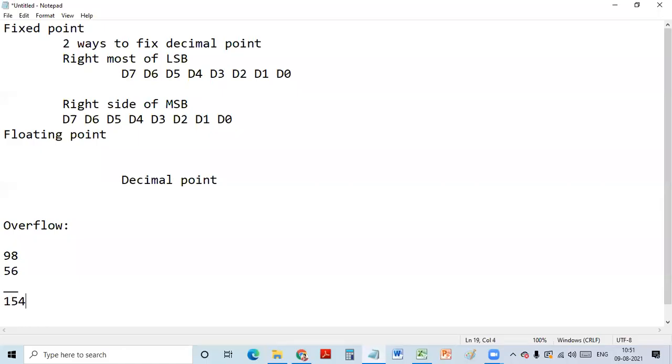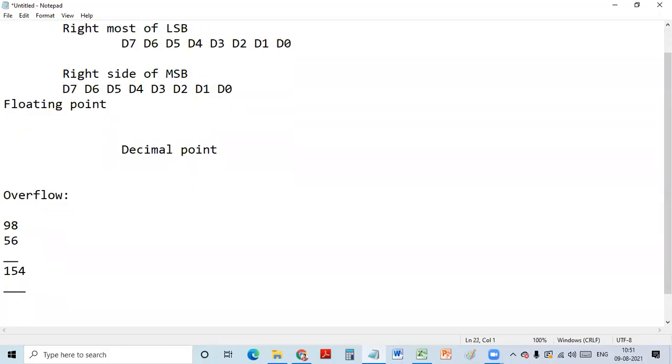Okay, so 154 is your result. Now I'm adding two positive numbers, plus 98 plus 56, and I should get a result plus 154. This is what I am expecting.